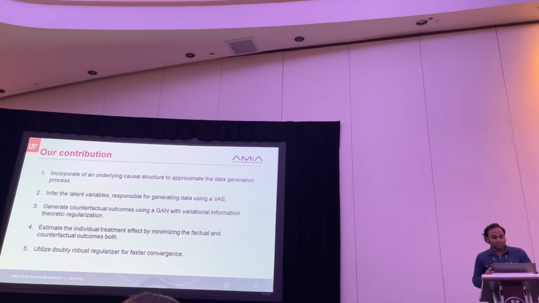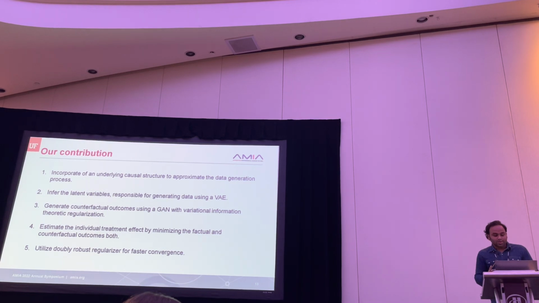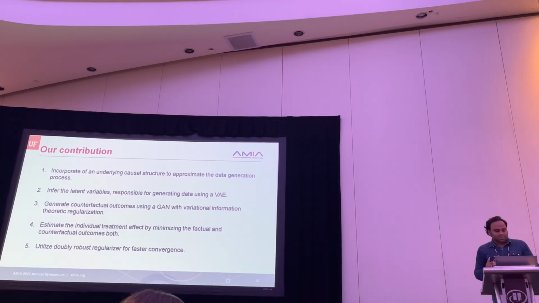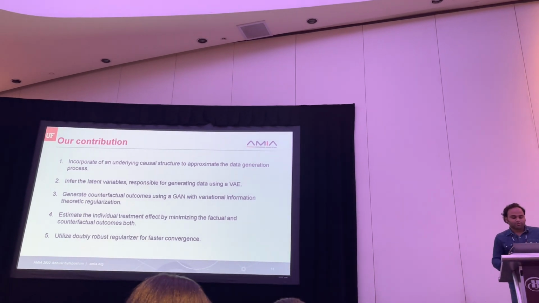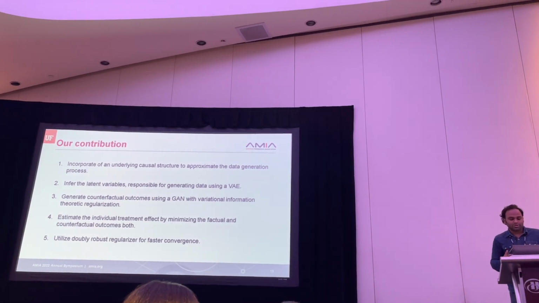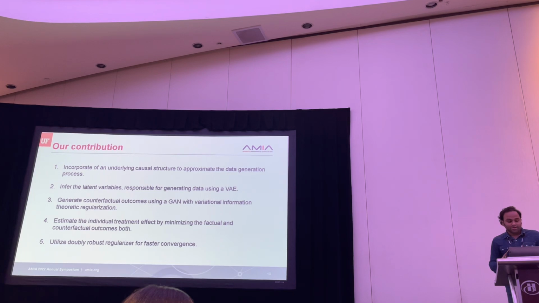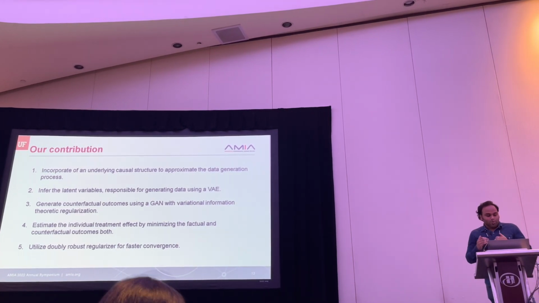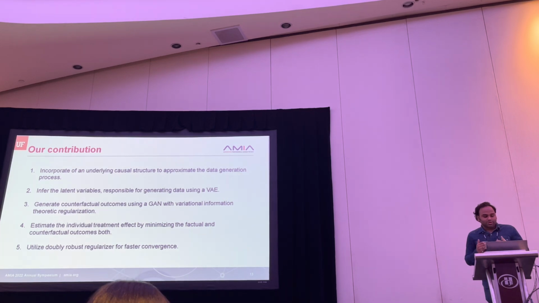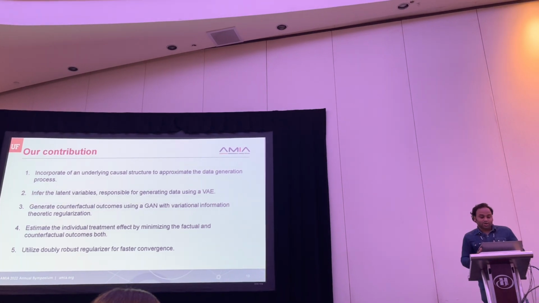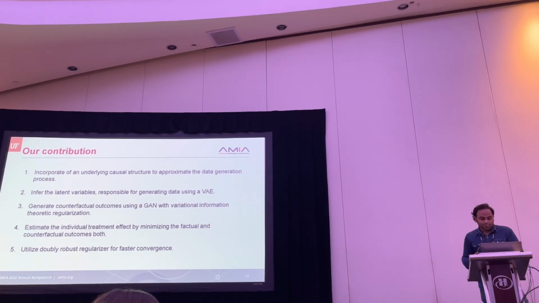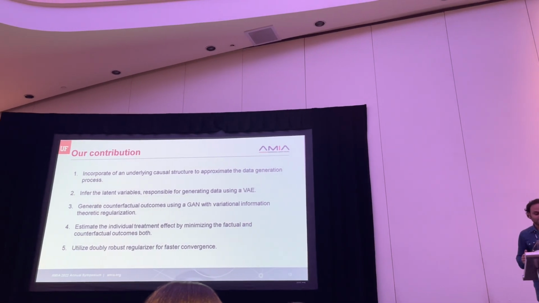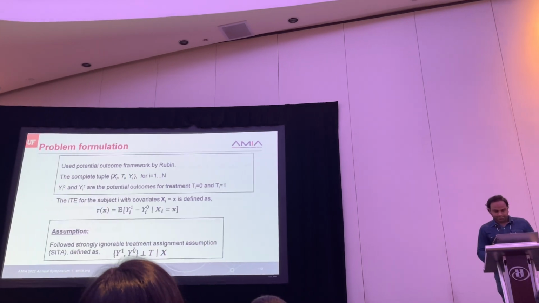Next, we infer the latent variable using a variational autoencoder. Third, we generate the counterfactual outcomes using a generative adversarial network with variational information-theoretic regularization. Fourth, we estimate the individual treatment effect by minimizing the factual and the counterfactual outcomes both. And lastly, we use the doubly robust regularizer for faster convergence.